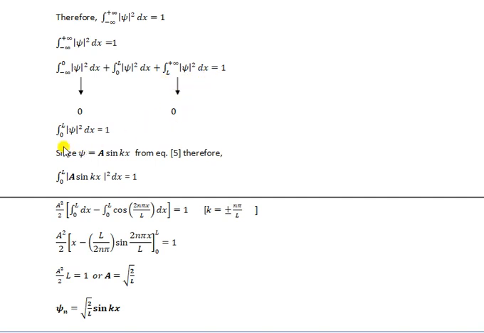So it becomes integral 0 to L mod psi square dx equal to 1, and we know that psi equal to A sin kx.